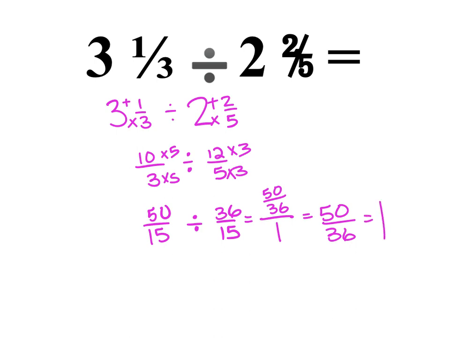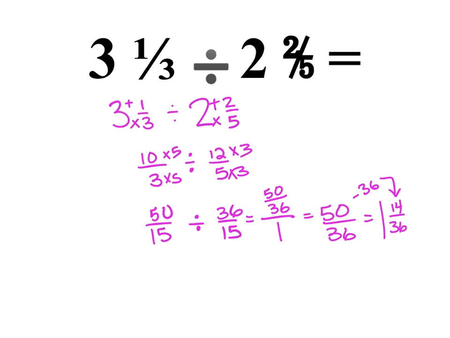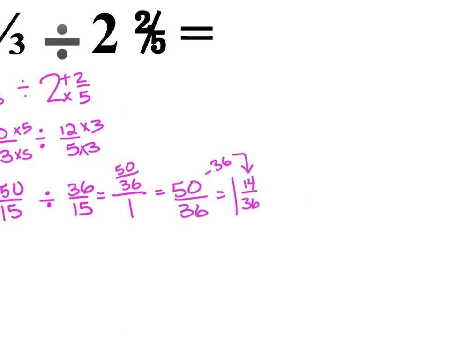And when you take 36 away from 50, you have 14 left. And we can simplify this by dividing by 2. We still have our 1 whole. 14 divided by 2 is 7. 36 divided by 2 is 18. And that's as far as you can go.